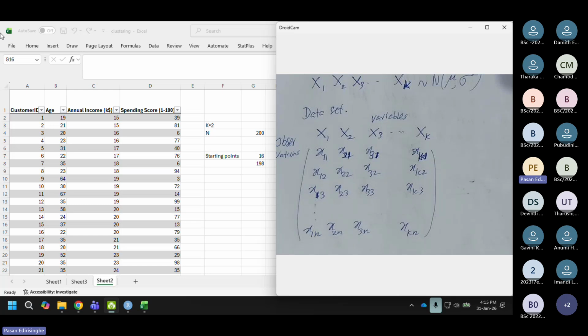We have a lot of calculations we can do. Then we can try hypothesis testing and confidence intervals on these variables. So we can do various things like that. That's our idea of multivariate data analysis.